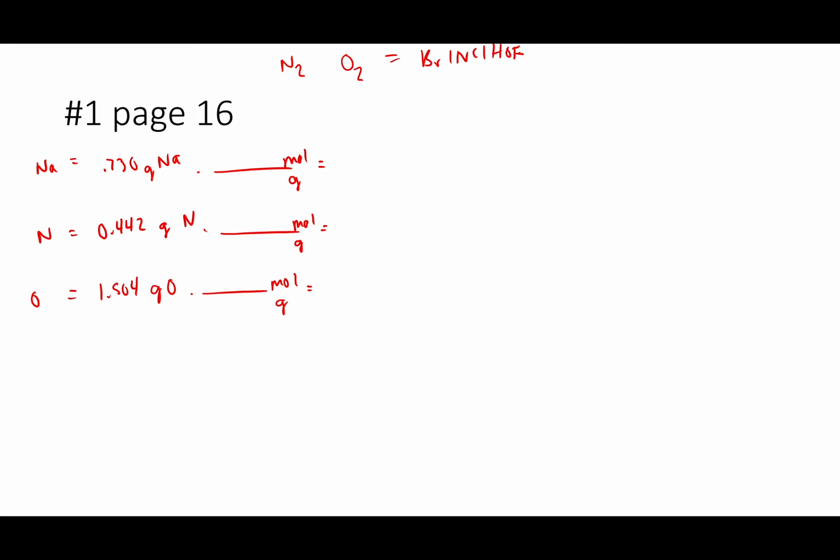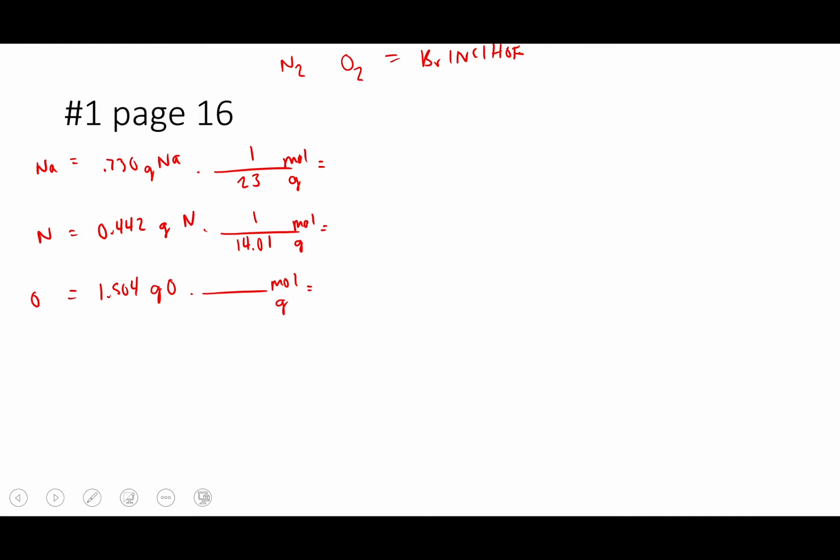So when I convert from grams to moles, I'm going to have 1 over 23, 1 over 14.01, and 1 over 16. If you do not know where those values are coming from, you need to go back and watch my first video on how to do one-step mole conversions. Remember, the big kicker here, do not round.